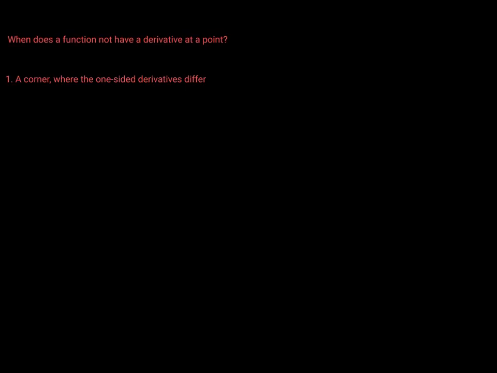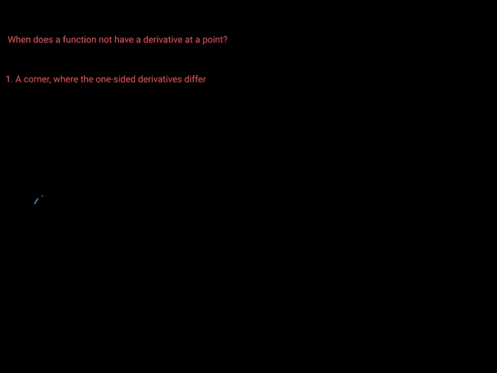Think about that absolute value function where we had that V-shaped graph, where the one-sided derivatives were not the same, they were not equal. That's an example of when a function is not differentiable at a point.